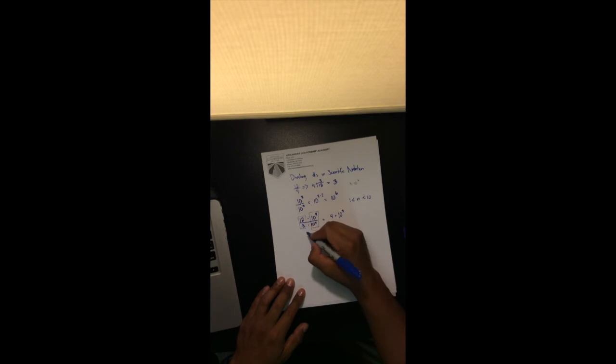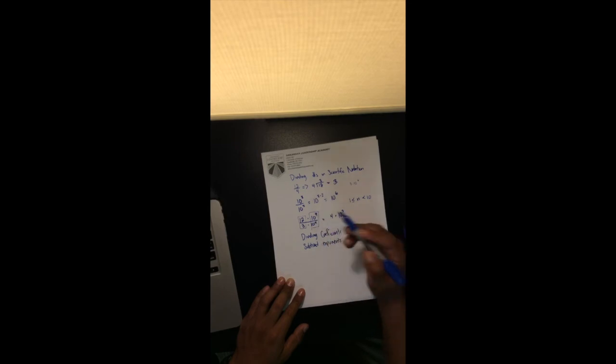What you first have to do is divide the coefficients. Okay? That's all I did. 12 divided by 3. Then the next thing is subtract the exponents. So this times that, 9 minus 4, sorry. And that's really what you do with division, alright?